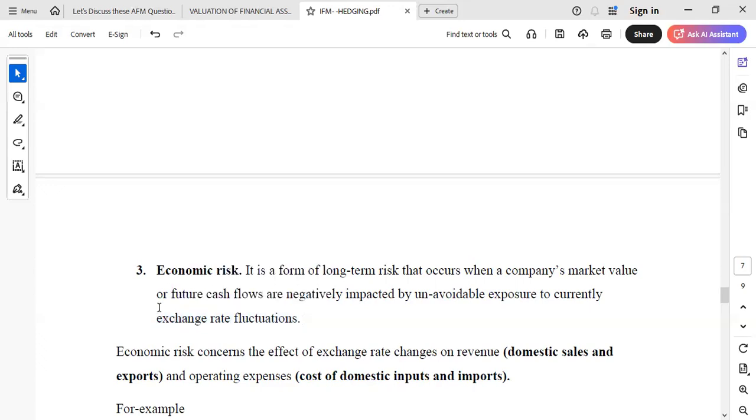You may not be a person who imports or who exports. You may not be a person who has a subsidiary in the foreign country, but you are affected by foreign exchange because you are running a business. Your cash flows may be affected. Your profit may be affected.